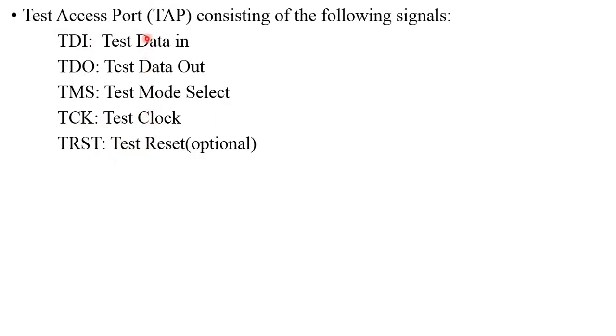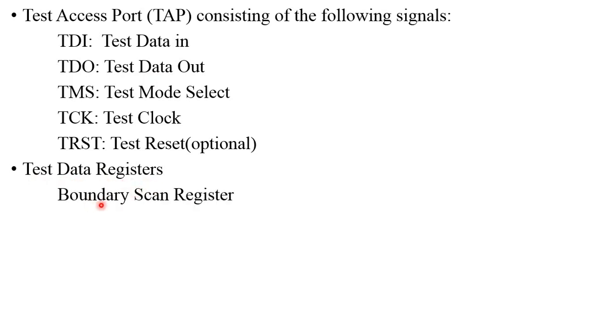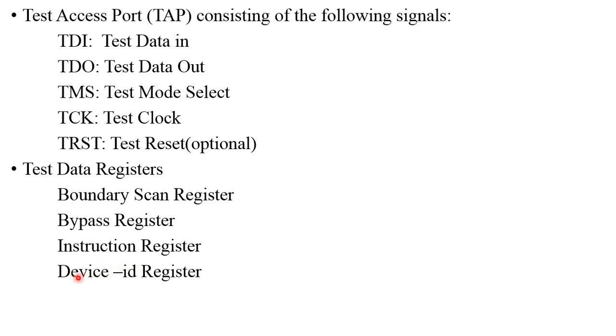Out of the five signals, one is optional and the remaining four are mandatory to scan the chips or motherboard. Different types of test data registers are present. One is the boundary scan register, second is the bypass register, third is the instruction register, next is the device ID register, and the last one is the design specific register.